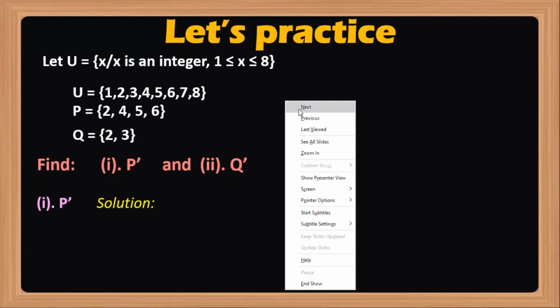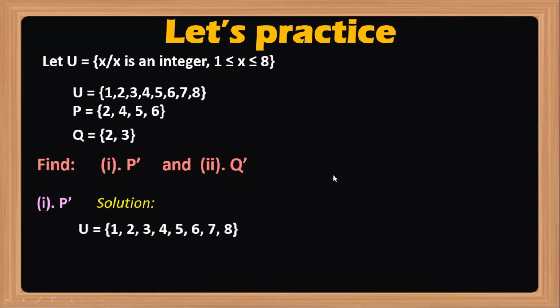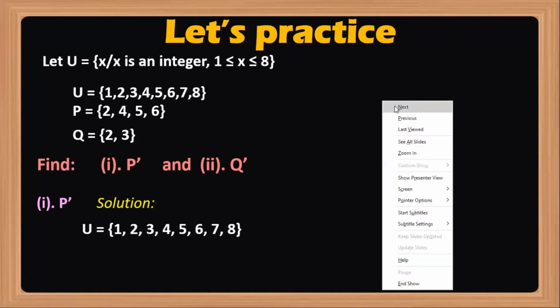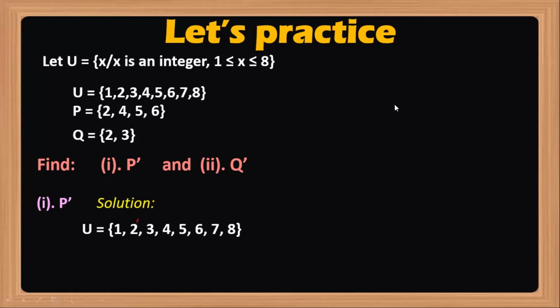Ang solution natin will be, ang ating universal set ay 1, 2, 3, 4, 5, 6, 7, 8. I-remove lang natin all the values of P. That is 2, 4, 5, and 6. So therefore, the final answer, P complement is 1, 3, 7, and 8.